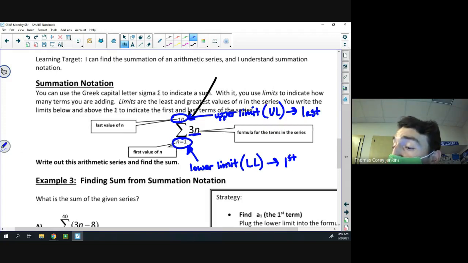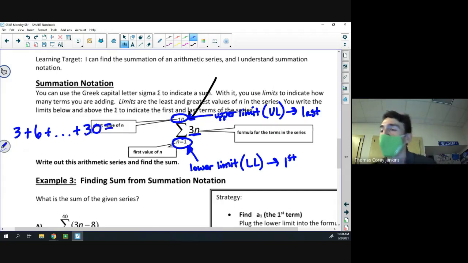The first term would be 1 times 3, or 3 times 1, so you'd have 3, plus the next term, 2 times 3, which is 6, plus, and then we go all the way to the 10th term, which would be 3 times 10. So the last one would be 30. That is what is meant by what we see over in the diagram.